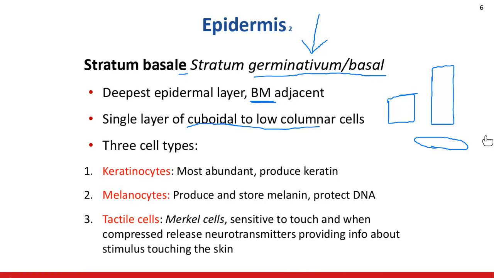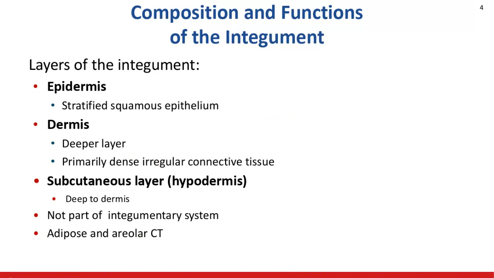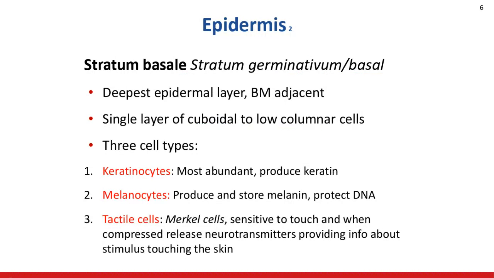So, wait a minute, Dr. Kaz, you said on this slide here that the epidermis is made up of stratified squamous epithelium. You're darn right. I did say that. Good thing that you were paying attention, because when we name stratified epithelium, we always name it for the apical layer. Well, what's the apical layer? The top layer. So the outermost, most superficial or top layer of the epithelium, that's the name that we give it.